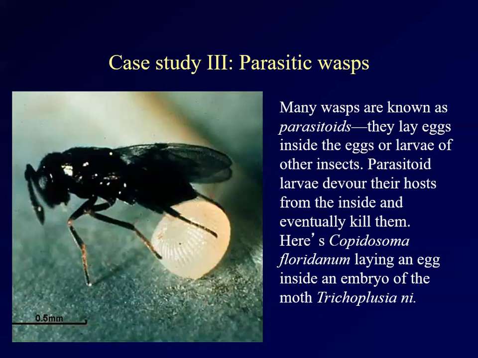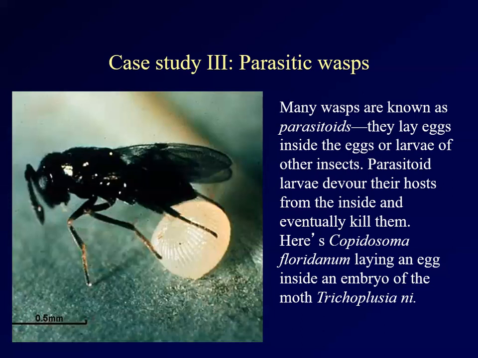This is Copidosoma floridanum, caught in the act of laying its egg inside an embryo of a moth called Trichoplusia ni. Dr. DeSword knows more about Trichoplusia ni than I do. It's got an interesting behavior. It feeds on leaves that naturally produce a lot of latex. That latex is thought to be an anti-predator deterrent because it will glue the mouths of caterpillars shut.